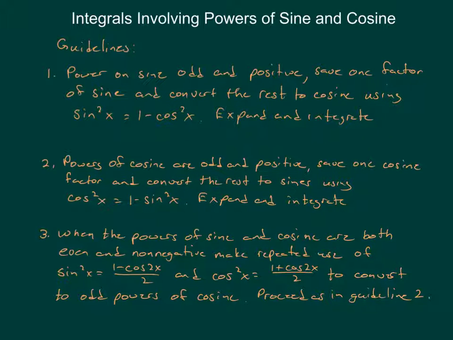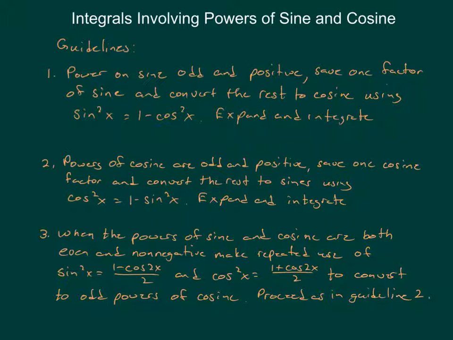But now in number three, you're looking at a problem where the powers of sine and cosine are both even, non-negative numbers. In that case, you're going to have to make repeated use of those power reducing identities: sine squared x is 1 minus cosine of 2x over 2, and cosine squared x is 1 plus the cosine of 2x over 2.